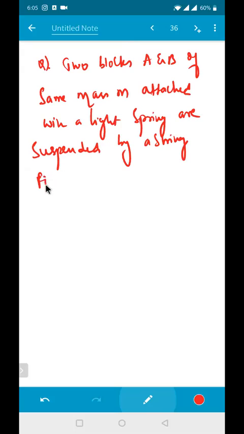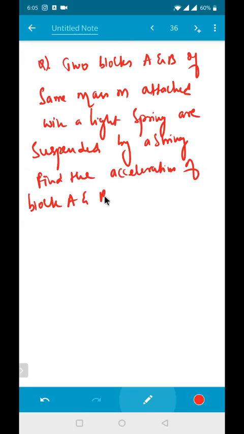Find the acceleration of blocks A and B just after the string is cut. Just after the string is cut.